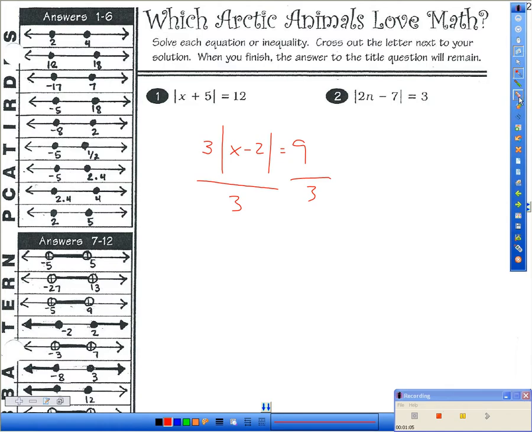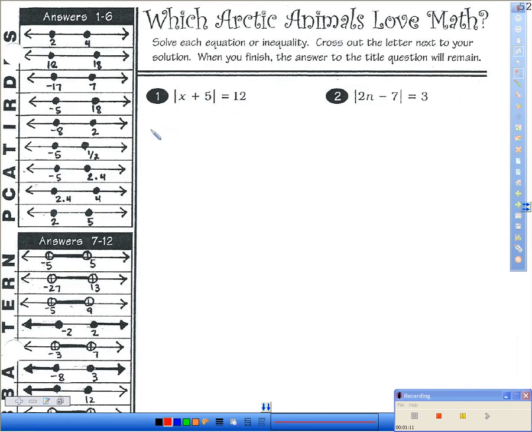Alright, well, we don't have that in numbers 1 or 2. On numbers 1 or 2, all we see is on the left-hand side the absolute value of x plus 5. So there's nothing on the outside. So our first step then isn't necessarily to isolate it. It's already isolated. What this tells us, though, is that the absolute value of the expression inside the bars is equal to 12.